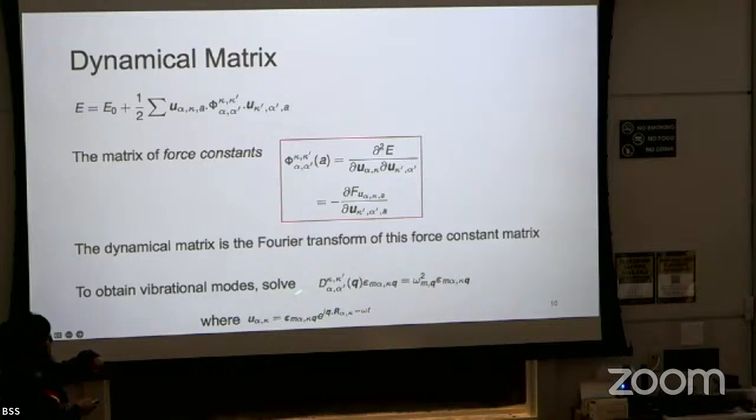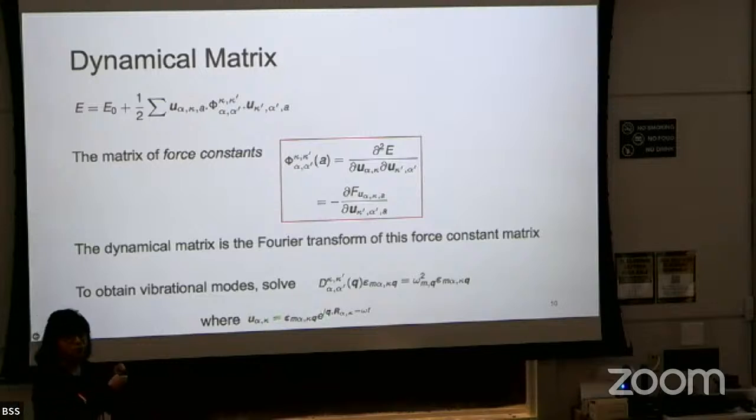The solution for the displacement, we assume it to be a plane wave, right? We substitute it in, but in the end the D of Q that we get is a Fourier transform of the force constant matrix. So we are using this to get a Fourier transform of the force constant matrix.